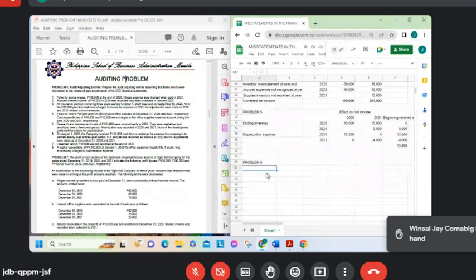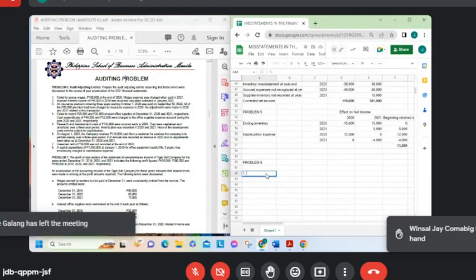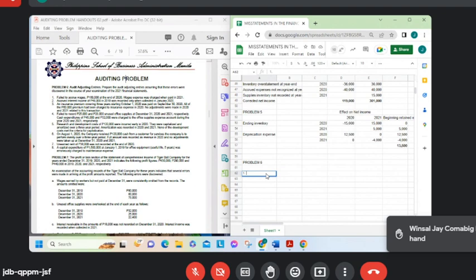So number one, failed to accrue wages of 160,000 at the end of 2020. Wages expense was charged when paid in 2021. So it means the wages expense in 2021 is overstated by 160,000 pesos. What will be the correcting or adjusting entry to be made? Again, we have to determine whether it's counterbalancing or non-counterbalancing.